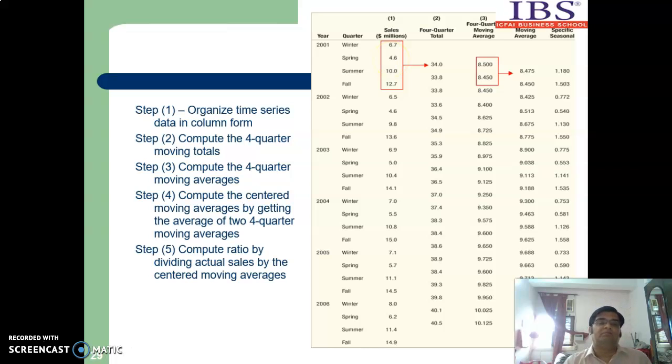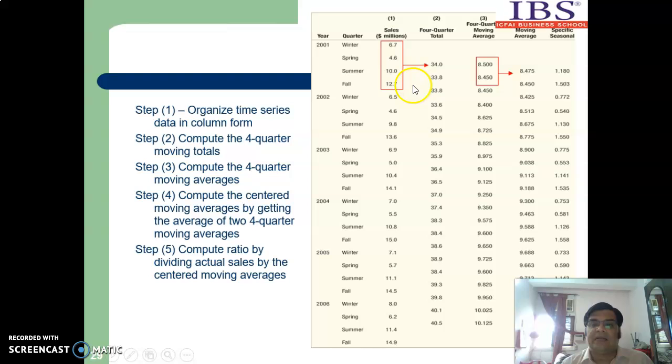Step 2, we will compute the 4-quarter moving total. First of all, we have taken 6.7, 4.6, 10, 12. So we have taken the total of the first 4 quarters of 2001 and written the total here. Similarly, for the next, we will take 4.6, 10, 12.7, 6.5, the next 4.